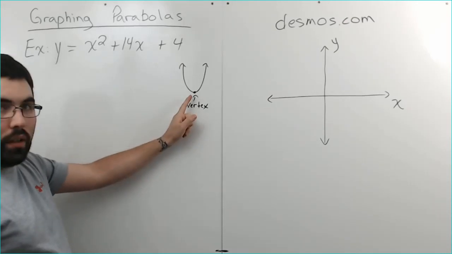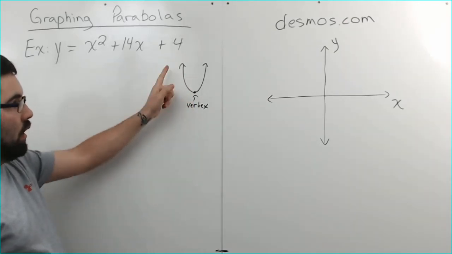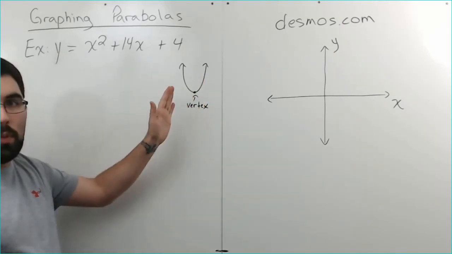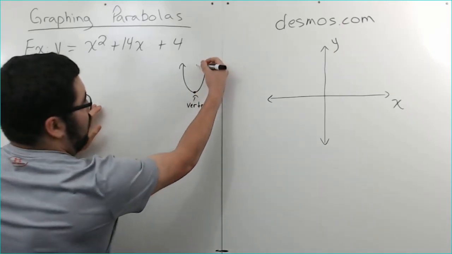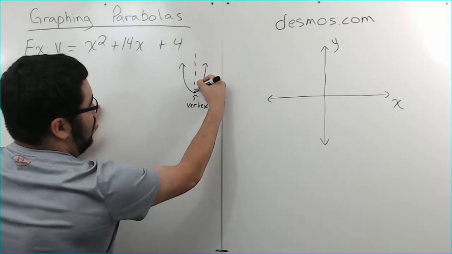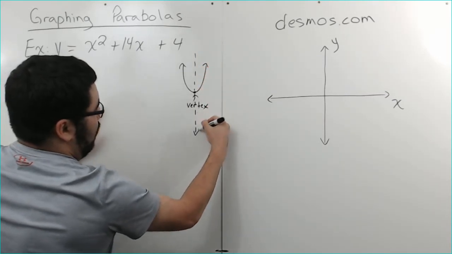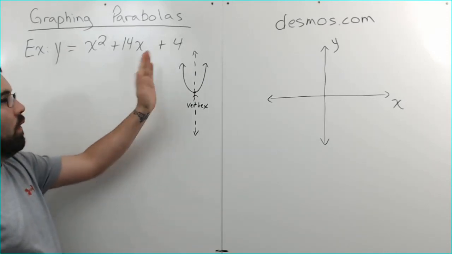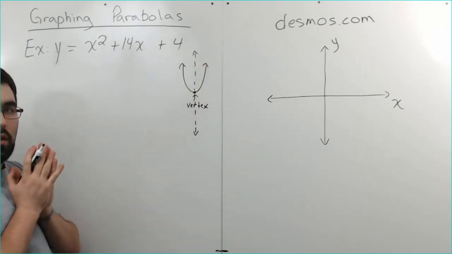And that's really important because it actually cuts the parabola in half. So at this point, your parabola on the left side is going to be symmetric with whatever part is on the right side. And what I mean by symmetric is, if you were to draw a line, I'm going to make it dotted just so you can see it. If we were to put a line straight through this parabola, I could take the left side, fold it onto the right side, and it should be a perfect match.